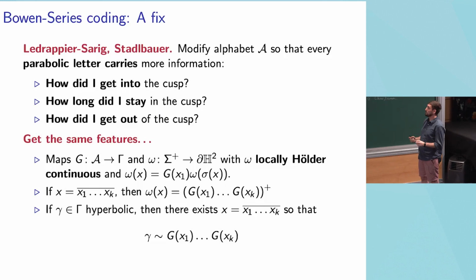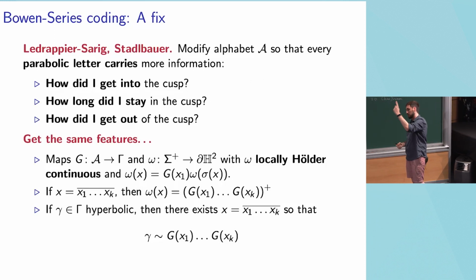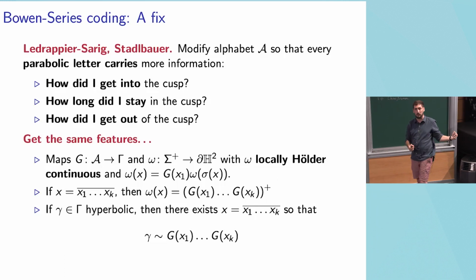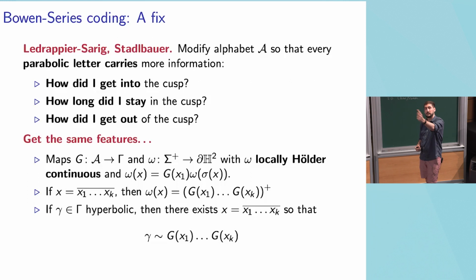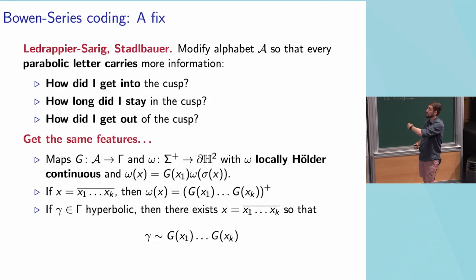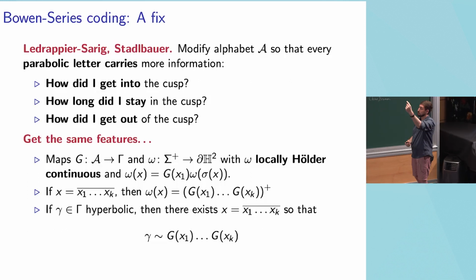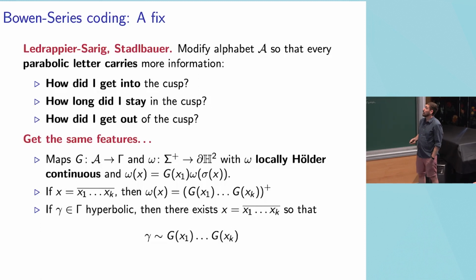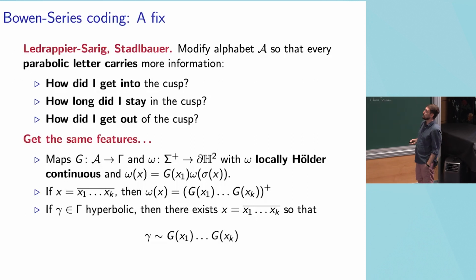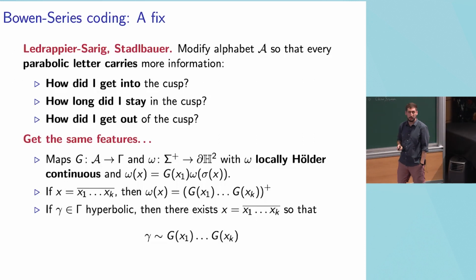So what I want to do, if I go into a cusp, I wrap around, then I come back out of the cusp, I want to keep track of how I went there, how much time I spent, and then how I left the cusp. Okay? This is quite an involved construction, but maybe this is a first approximation of what's really going on. And once I modify my alphabet in such a way, I get a good dynamical system.